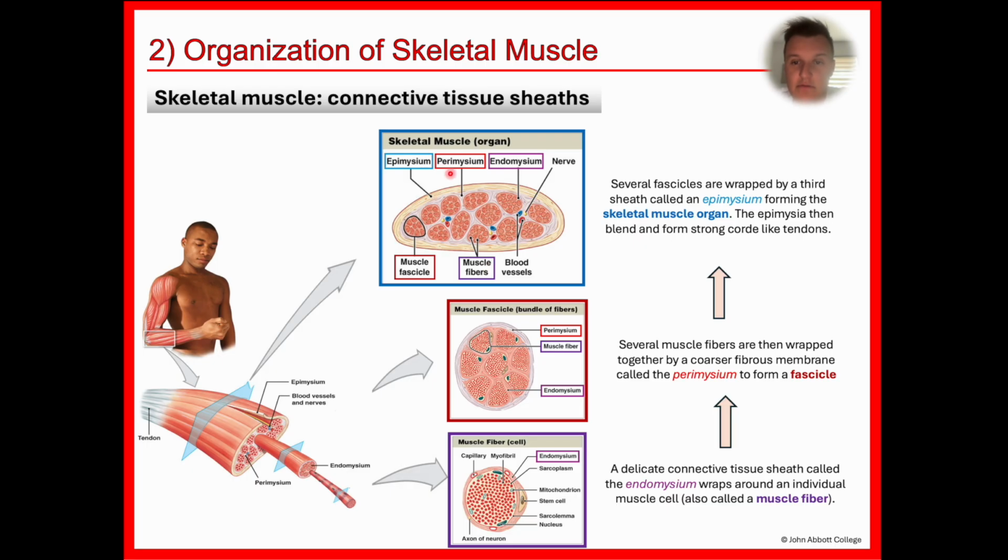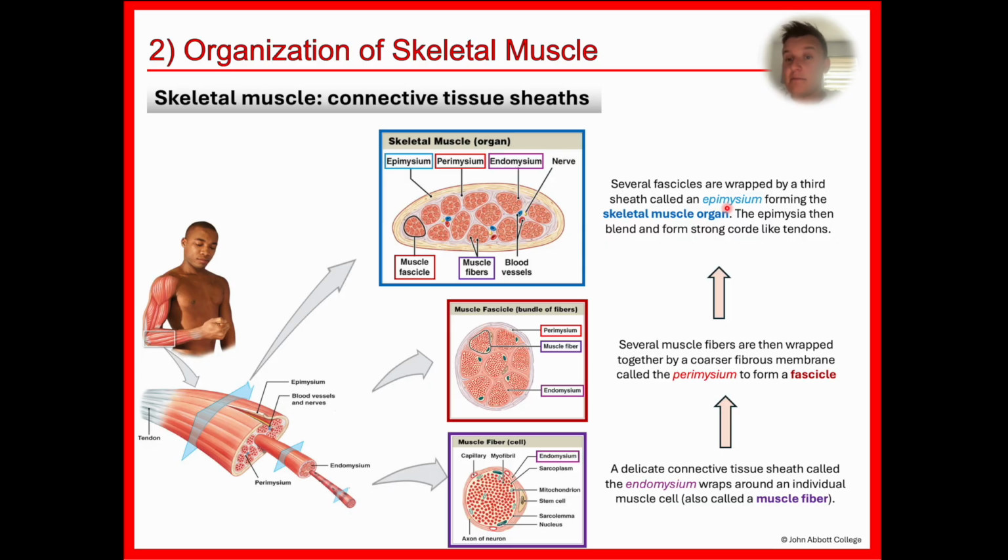And then you see the last layer. So this is one fascicle, right? Here you have one fascicle. This is one fascicle. This is another fascicle. This is another one. And then lastly, all of these fascicles are wrapped by a third sheath. Here's the next sheath that surrounds all of these fascicles, and this is called the epimysium.